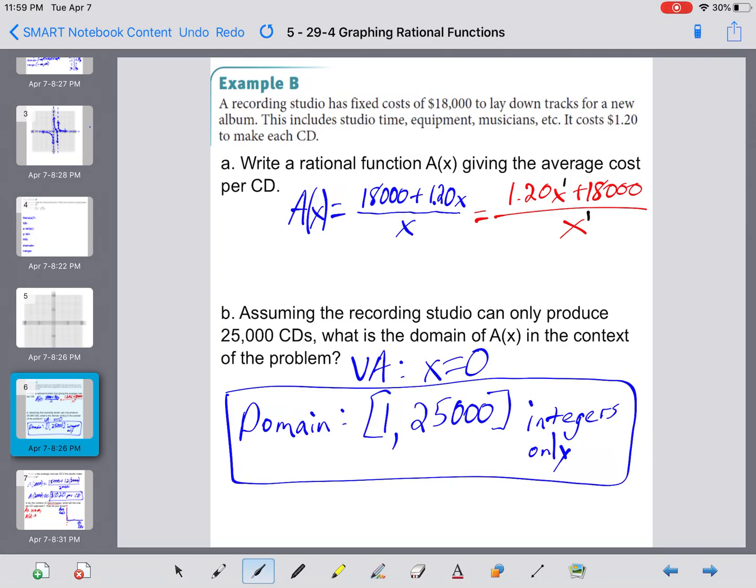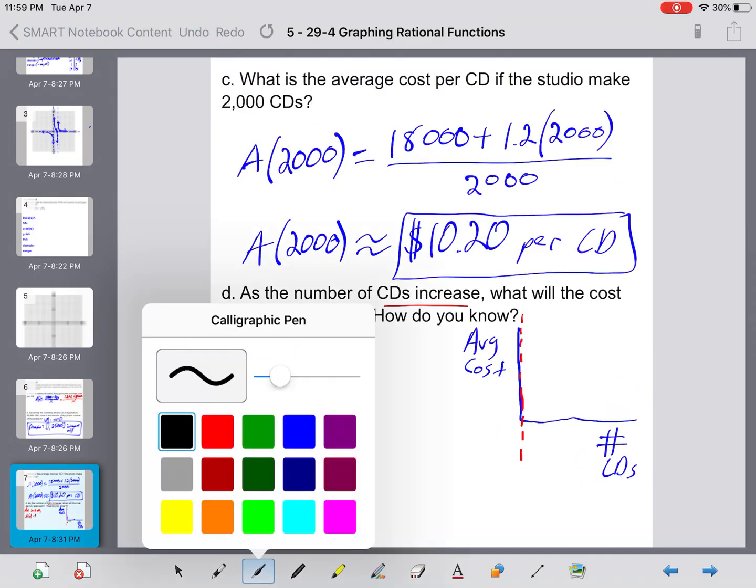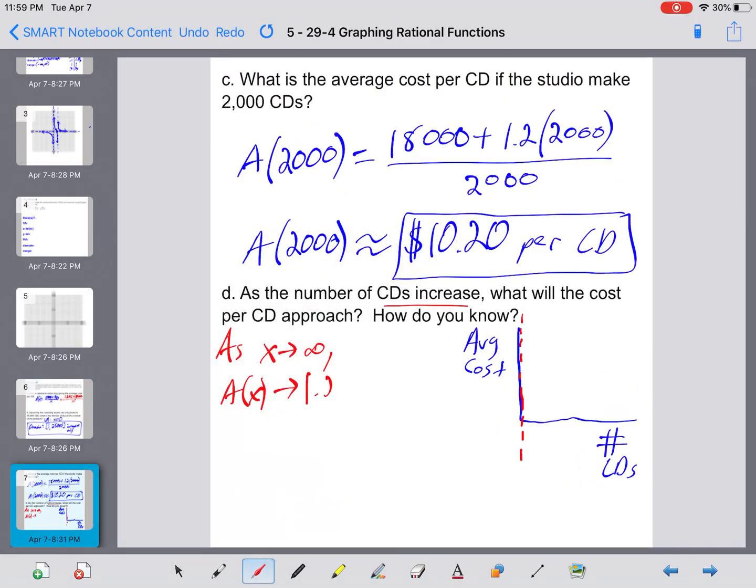Technically, out in front of the x is a 1. So the horizontal asymptote here is going to be 1.2. So whatever this graph looks like, we said that there's only integers, that graph is going to go down and the price is going to approach $1.20 without ever hitting it.